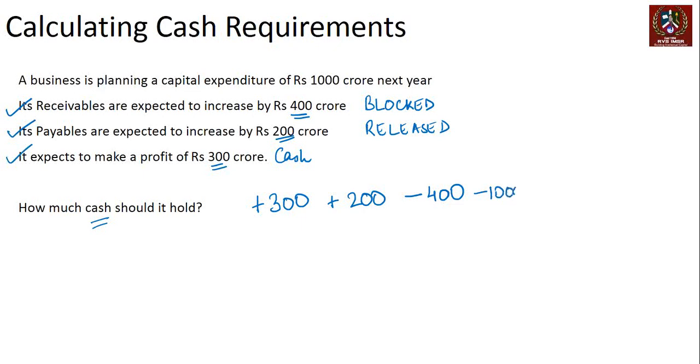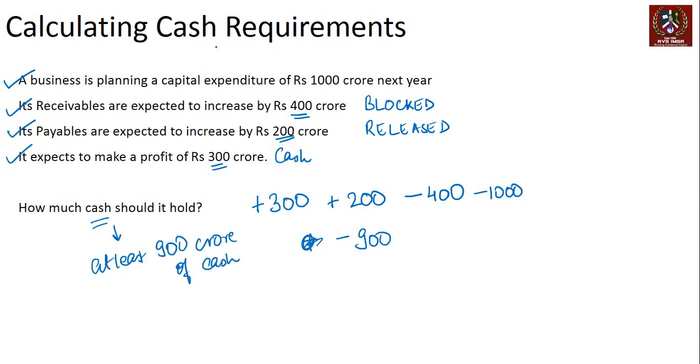And capex is 1,000 crore, so we have taken care of this. That's the amount of cash needed. So that's minus 1400 plus 500, so that amount is minus 900, what we see. So the company needs to hold at least 900 crore of cash.